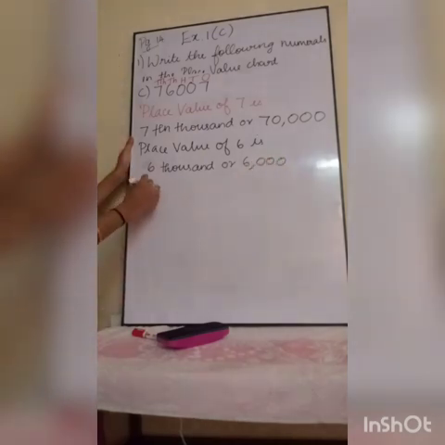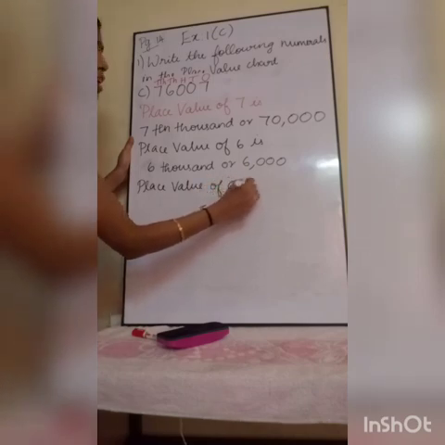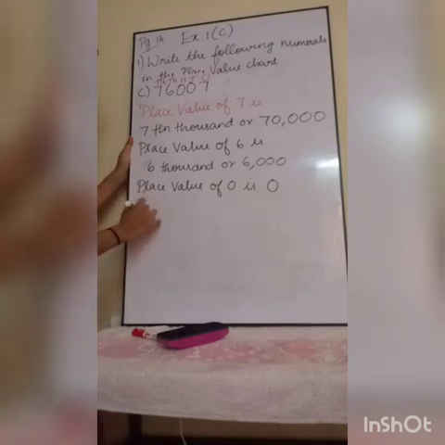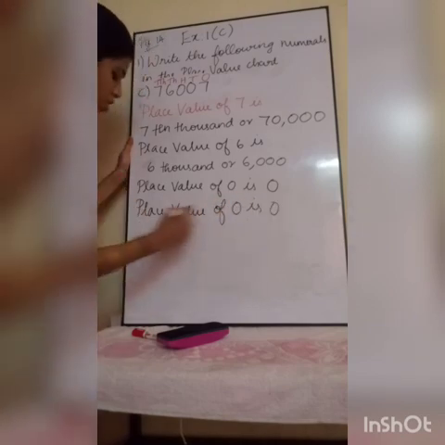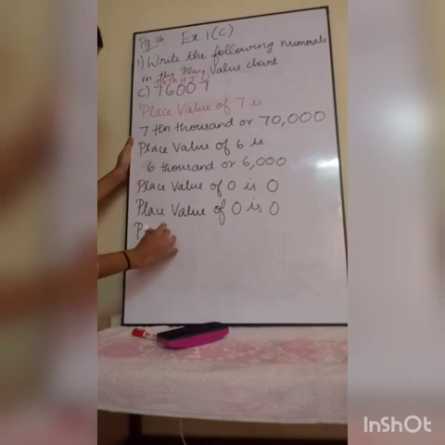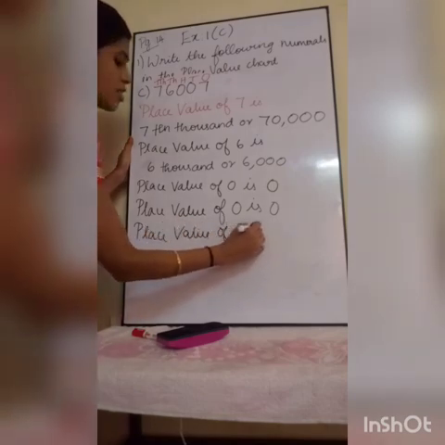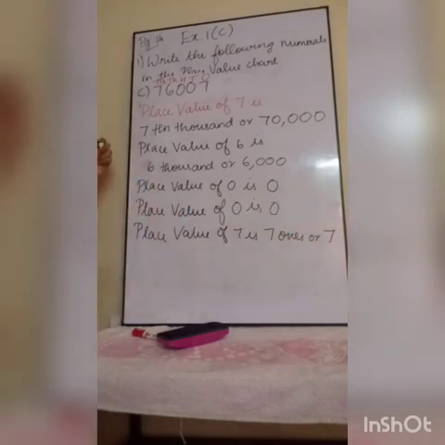Next, place value of 0 is 0. You can also repeat when I am saying. Next, what is the next place value of 0? 0 is 0. Next, place value of 7 is 7 ones, or 7 into 1, 7. Understood?